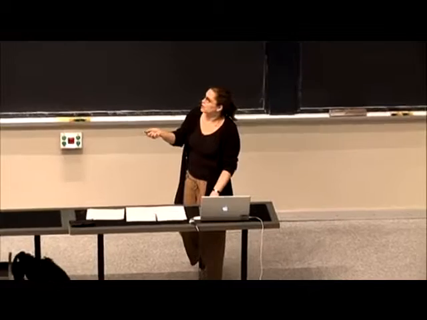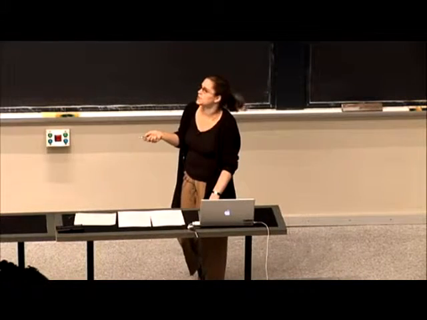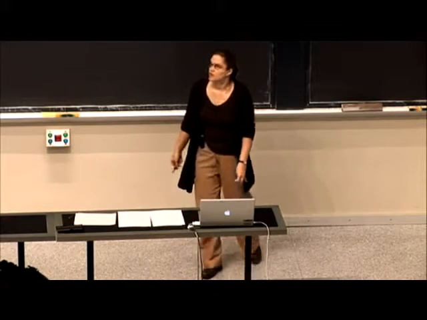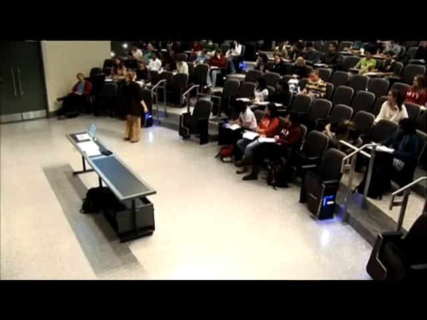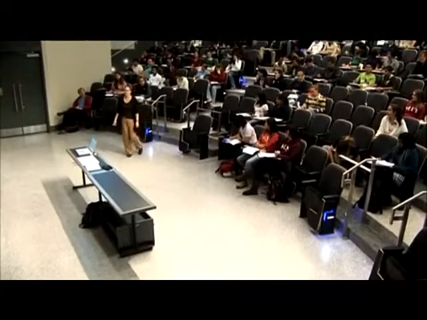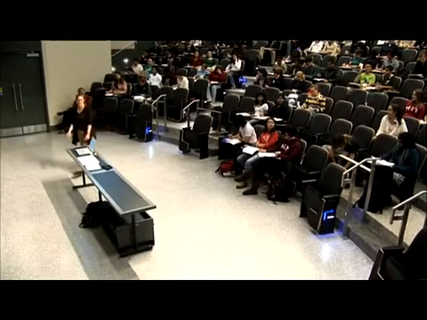All right, so we have a positive value then for our potential for the cell. We can ask the question, in this type of cell, would the flow of electrons be spontaneous? What tells us if something is spontaneous? Delta G tells us if something is going to be spontaneous.